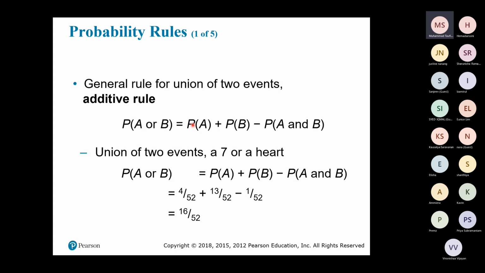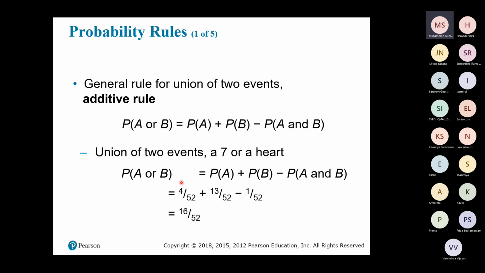So to calculate the union of two events, so now we're talking about union, the probability that event A or event B will happen is the probability of event A plus the probability of event B minus the probability of the intersection of event A and event B. So for the previous example, what is the probability of you pulling either a 7 or a heart?